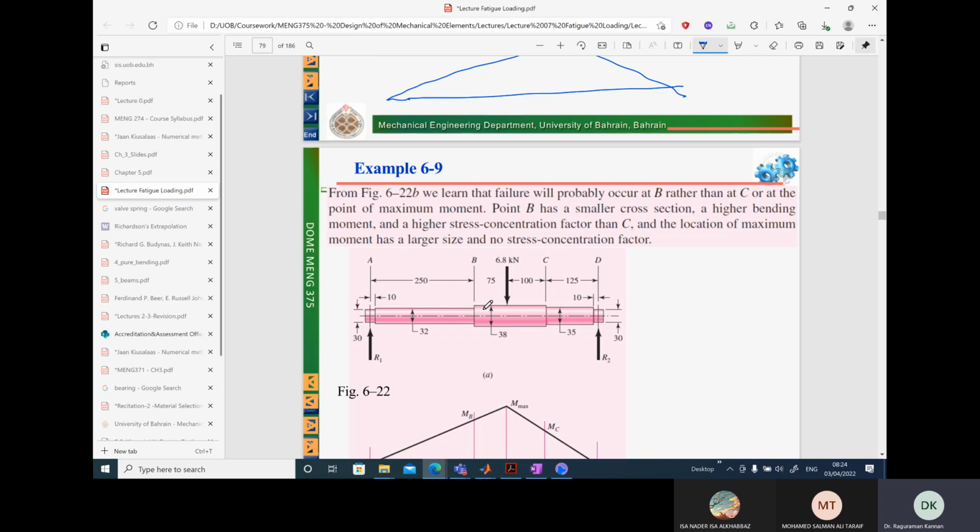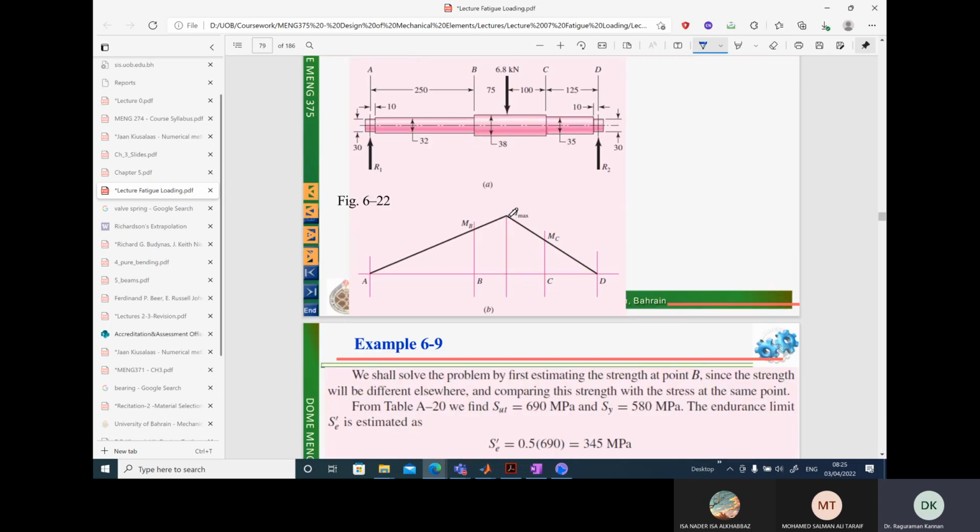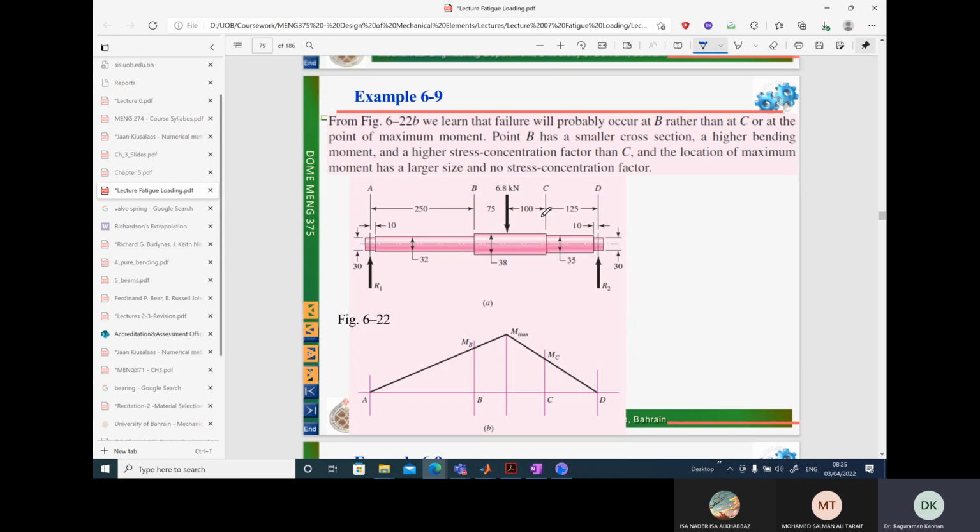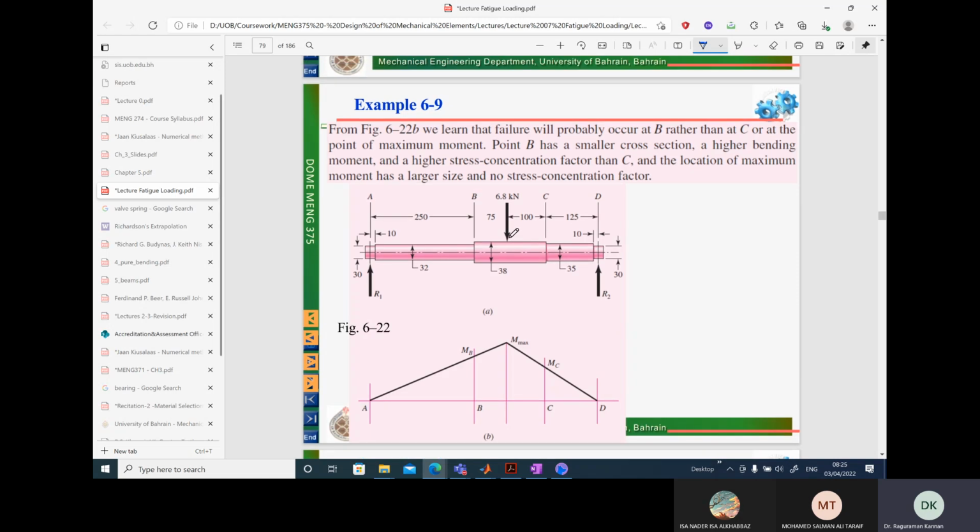So I'm not going to fully solve this problem. This is a straightforward problem. You can figure out the maximum bending moment by simply multiplying 6.8. Let's see here. So we need to first solve for R1 and R2. After we solve for R1 and R2, then we can find right at this point what the load is.